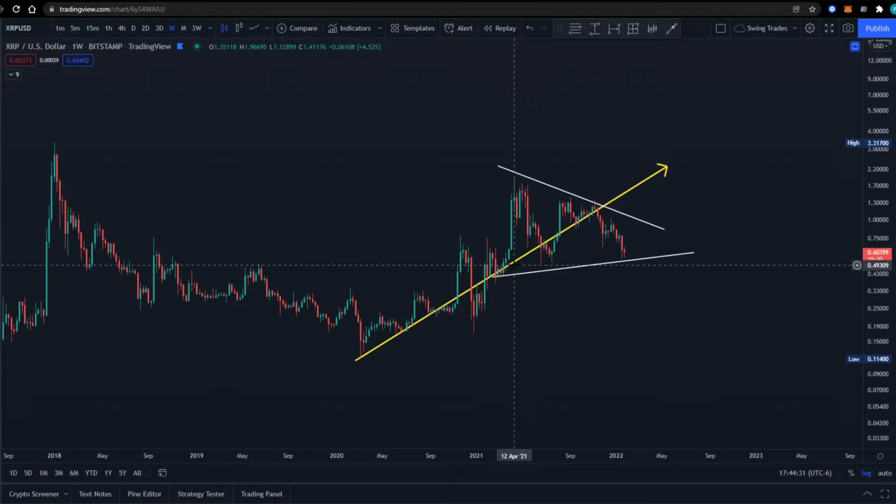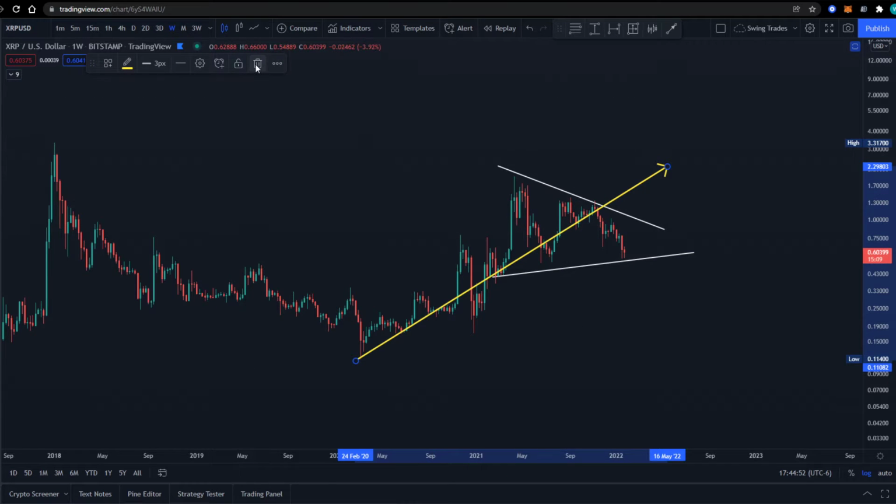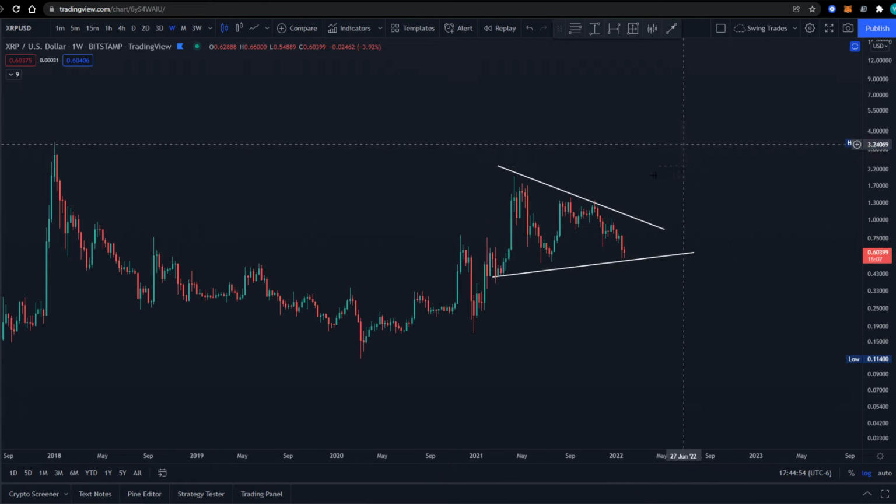It's been from April of last year to January. So quick math on that, it's what, 8 months of just sideways action, consolidation. So if I am to see this as an area of consolidation, this is my primary wave here.